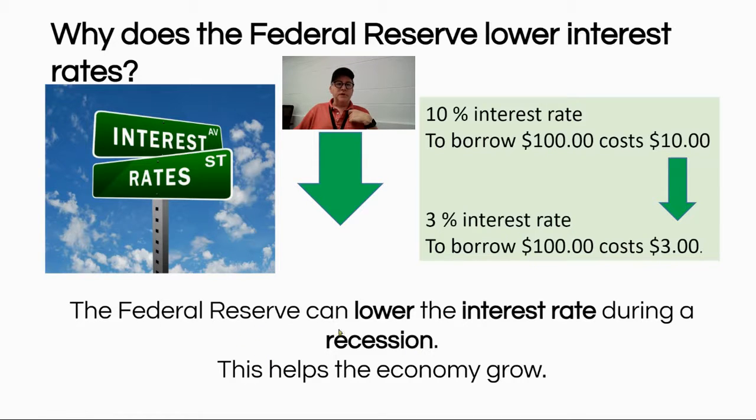So the Federal Reserve can lower interest rates during a recession. This helps the economy grow because people can borrow money to buy a house, to buy a car. They can borrow money to start a business like a restaurant, a store, a coffee shop, a landscaping business, any type of business, a clothing store.